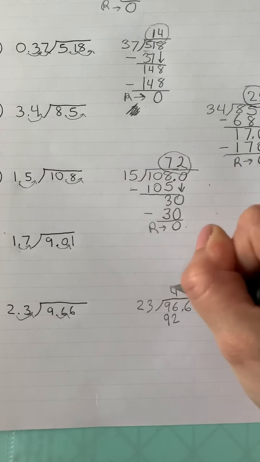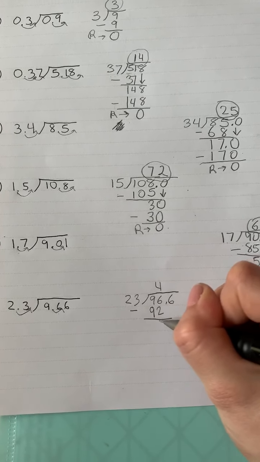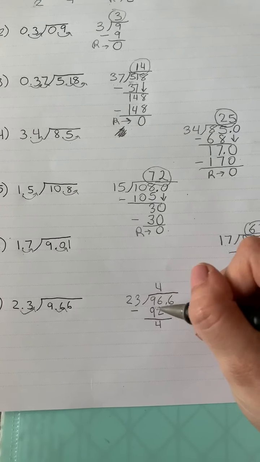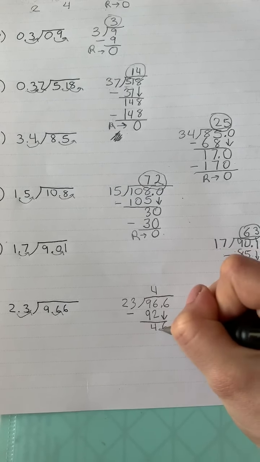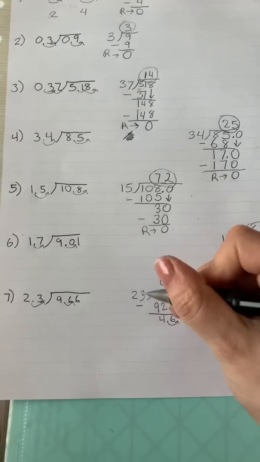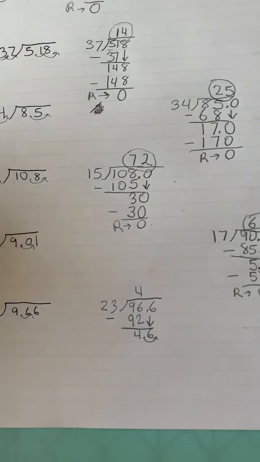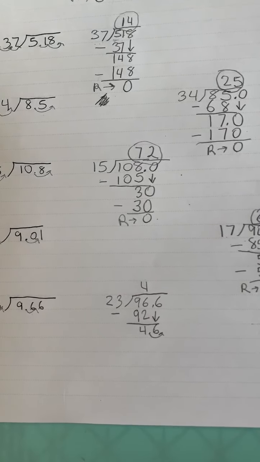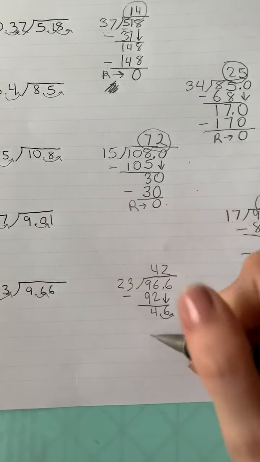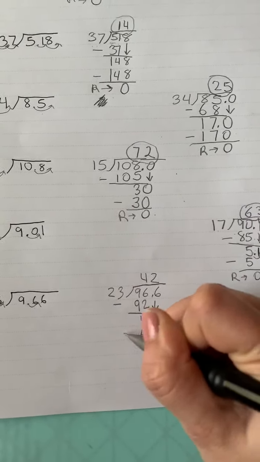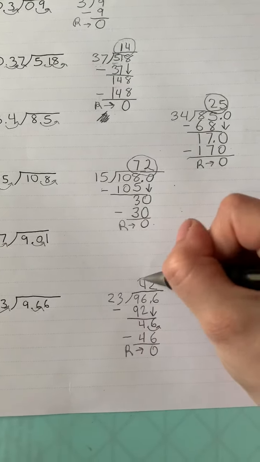So 23 times 4 is 92. 96 minus 92 is 4. 23 can't go into 4, so we're going to drop down our 6 and treat this as if it's 46. 23 goes into 46. 23 times 2 is 46. So it went in exactly 2 times. 46 minus 46 is 0. Since we have a remainder of 0, we're done. Our answer is 4.2.